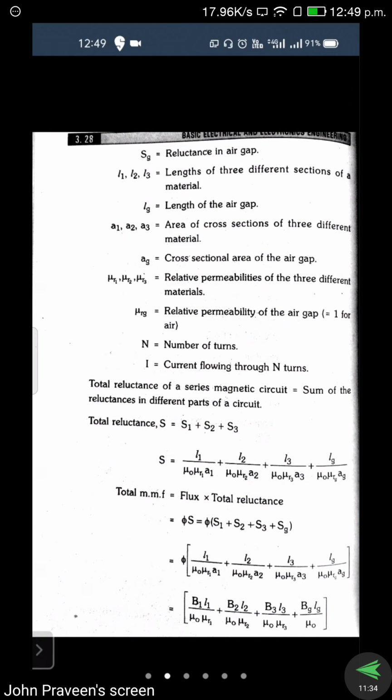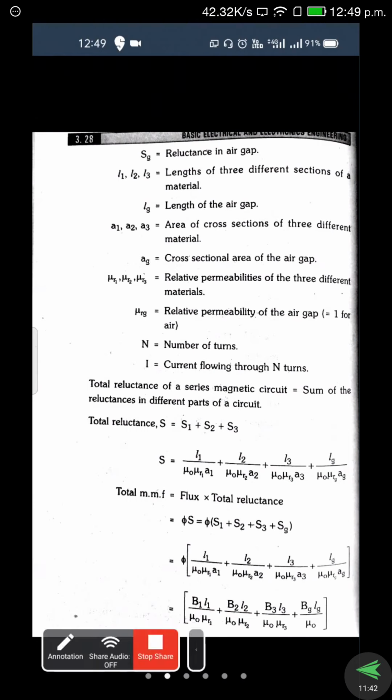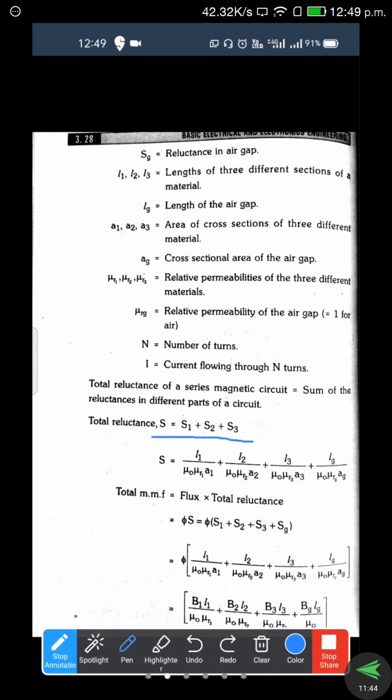To calculate the flux value, first we find the total reluctance value. How can we calculate the total reluctance? Whatever formula is used for resistance, the same concept is used. So S is equal to S1 plus S2 plus S3 plus SG.